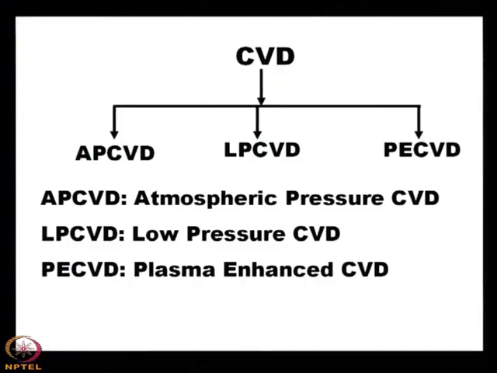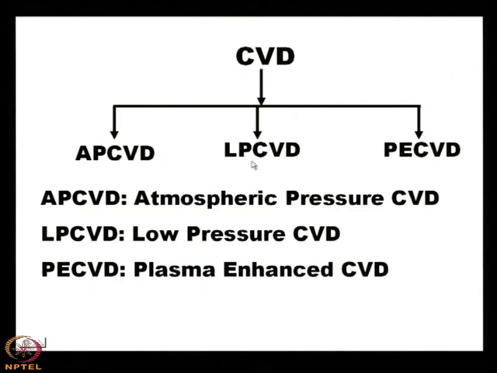This CVD can be of three types. You see that one is APCVD, or the atmospheric pressure CVD, another is the LPCVD, low pressure CVD, and third one is the plasma enhanced chemical vapor deposition. So, broadly you can divide CVD into three types of techniques.